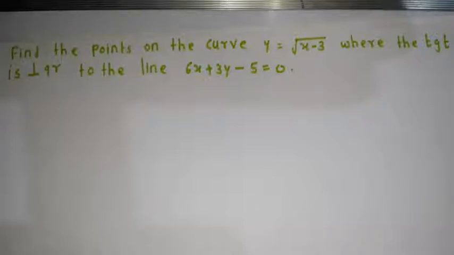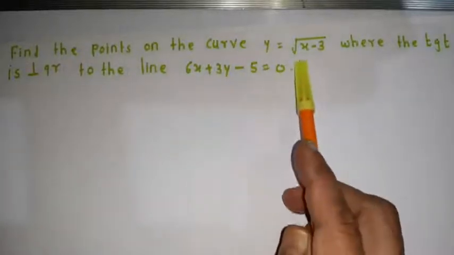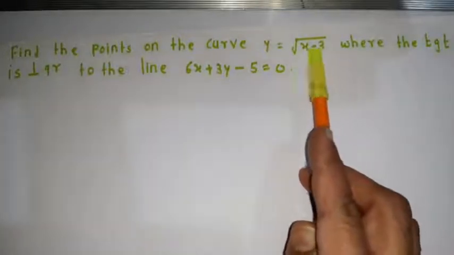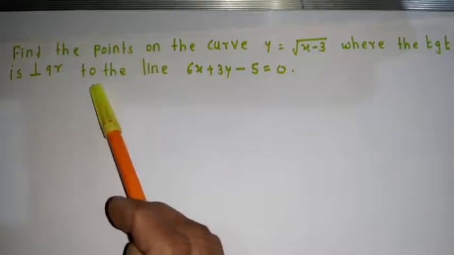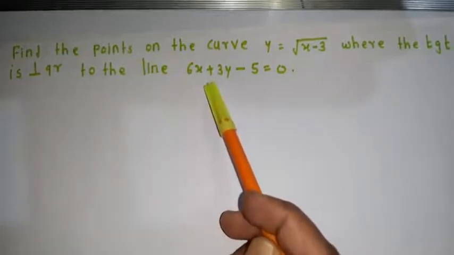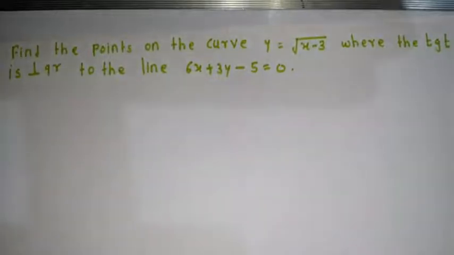So the example is: find the point on the curve y equal to square root of x minus 3 where the tangent is perpendicular to the line 6x plus 3y minus 5 equal to 0.